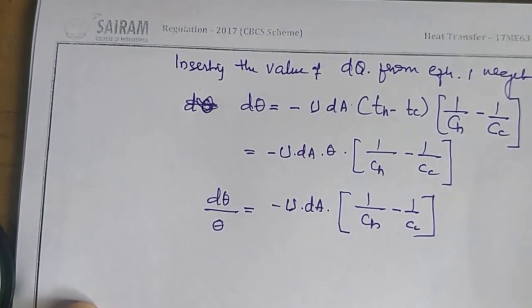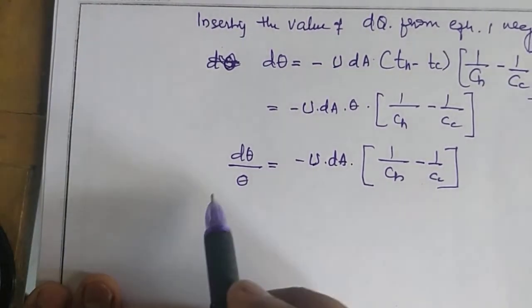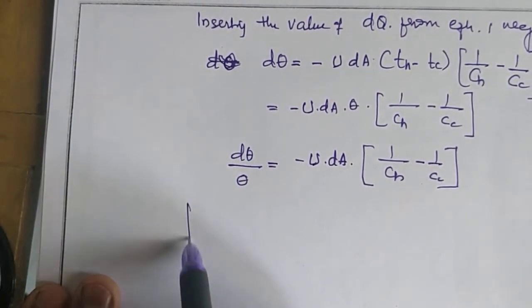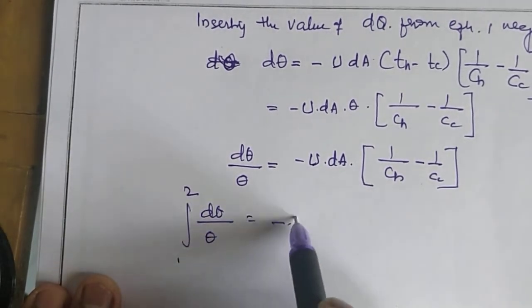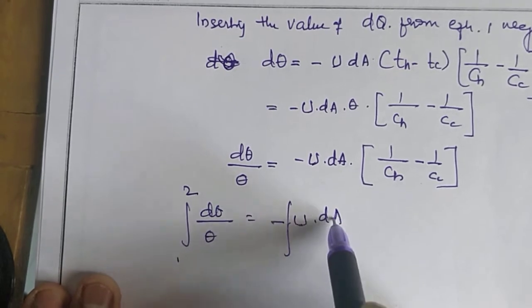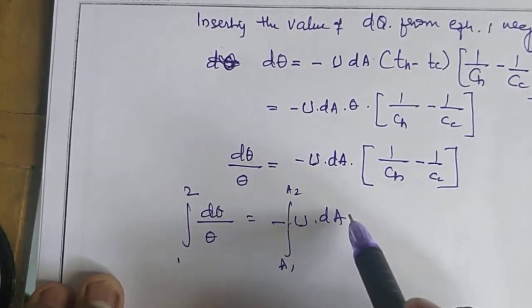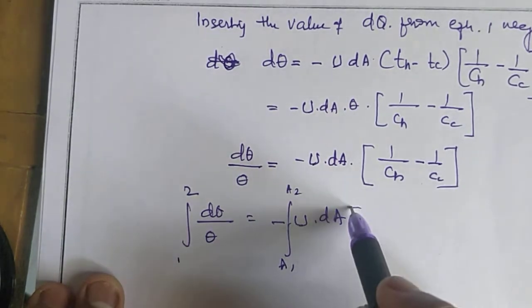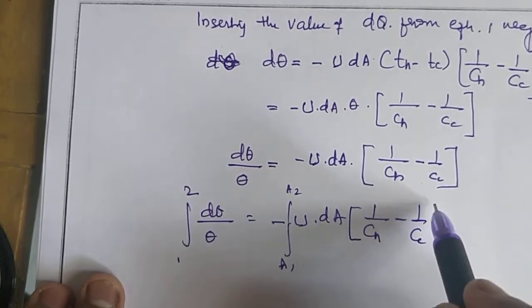Now integrating the above equation, the integral of d theta by theta is equal to minus U times the integral of dA from area 1 to area 2, times (1 by CH minus 1 by CC).